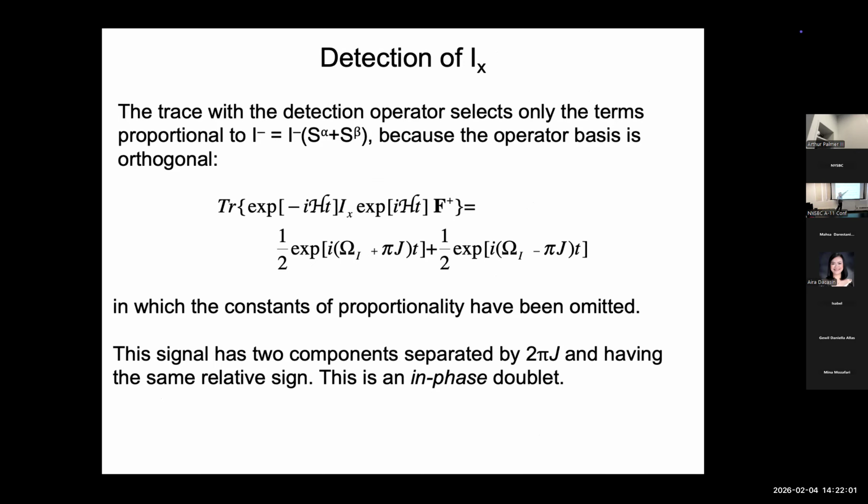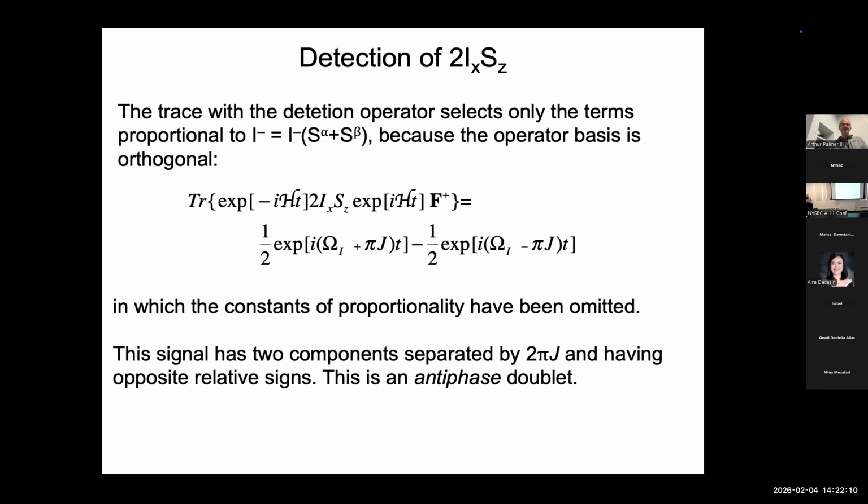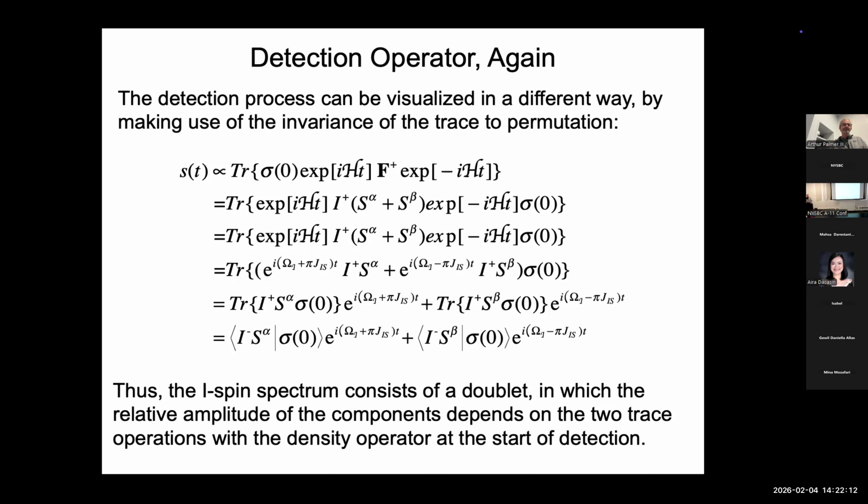And I can move this to the other side if I want, because the trace is unaffected by a cyclic permutation. So I can then make this look like the Hamiltonian is operating on the detection operator in the backward sense, leaving the density operator alone. And that's worked out here to show that you get the same answer.